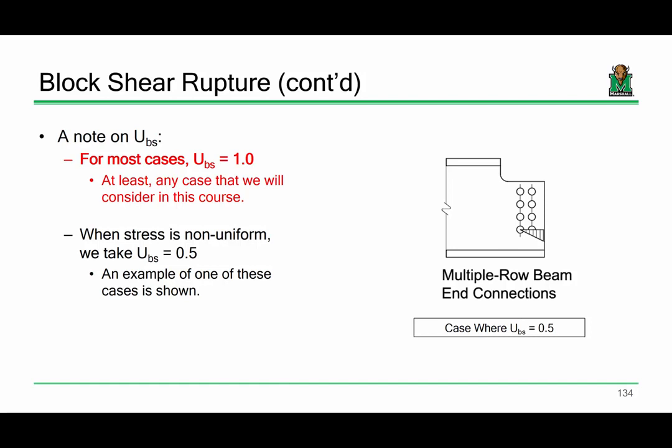So you have a beam framing into another beam, and you cut out the top of this right here, so that the floor is flat. It's called coping the beam. If you ever have a coped beam and you have multiple rows of bolts, you use UBS as 0.5, but other than that, every single time you take UBS to be 1. So we really aren't going to have to worry about that.